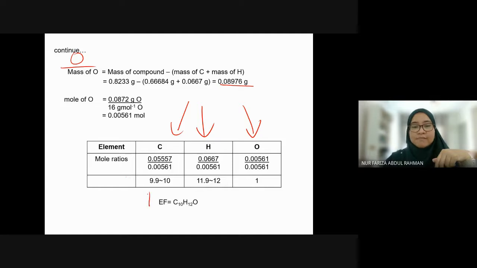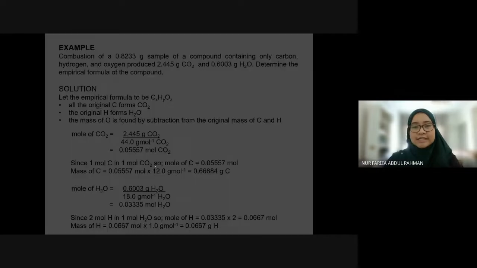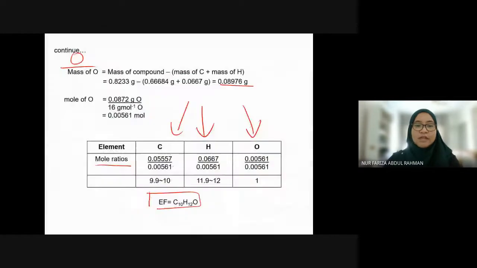Don't forget the empirical formula. So this is cut short, perhaps. It goes straight to the mole ratio because the moles have been calculated just now. If you want to start from the beginning, it's not a problem, go ahead. At the end, you must make sure that you write the empirical formula.